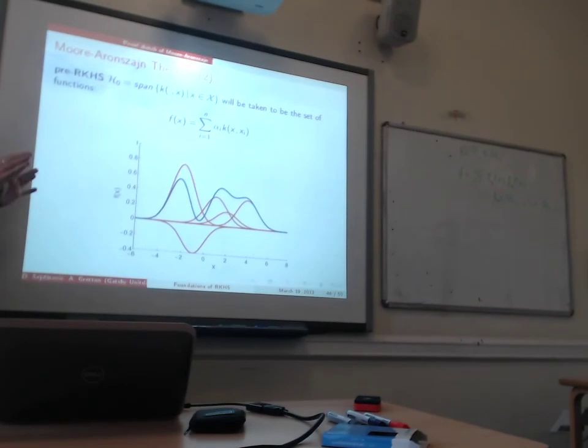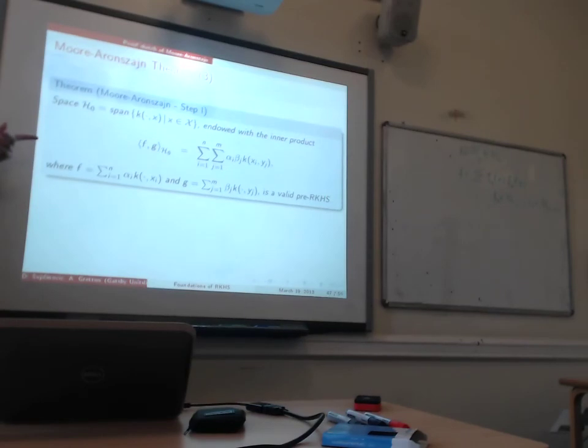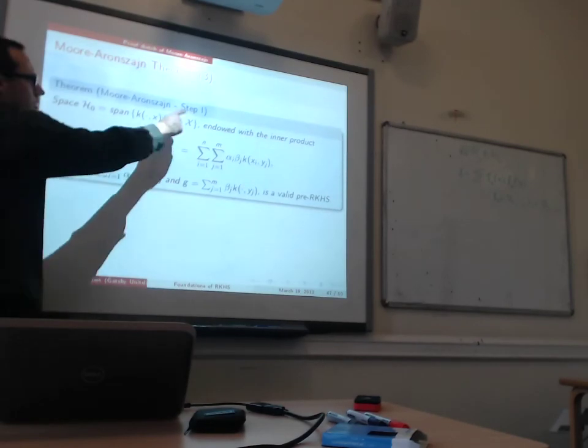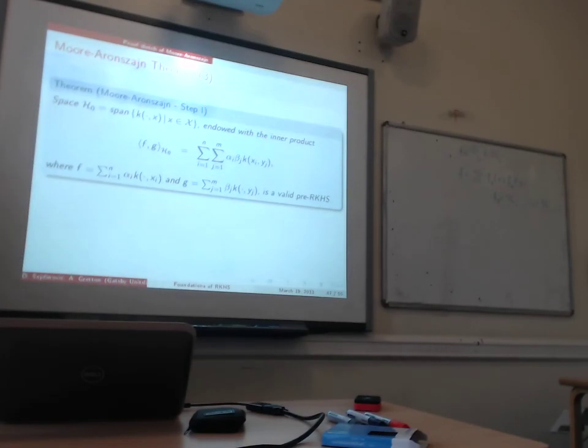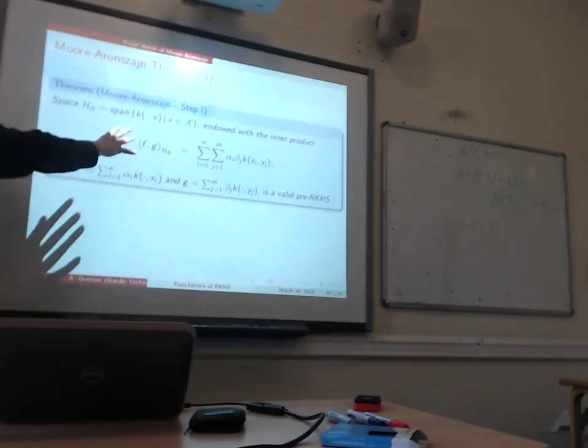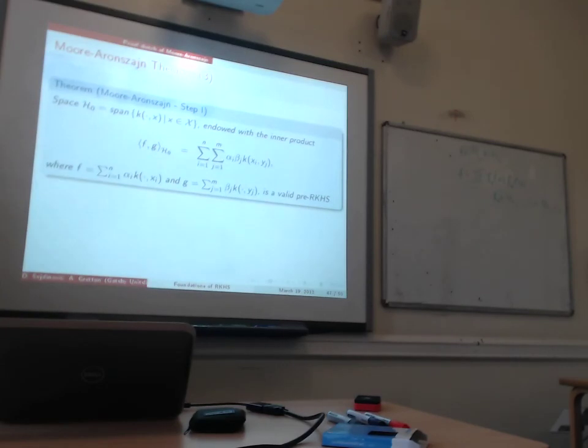It's not even an inner product space yet, because we haven't defined the inner product, and you define the inner product in this way, the usual way that you've seen many times already. But now we're just starting with a positive definite function and building the space. We say, let's consider the set of all linear combinations, and let's endow it with an inner product. So the first step in proving the Moore-Aronszajn theorem is that this is a valid pre-RKHS. It satisfies those two properties that we defined.